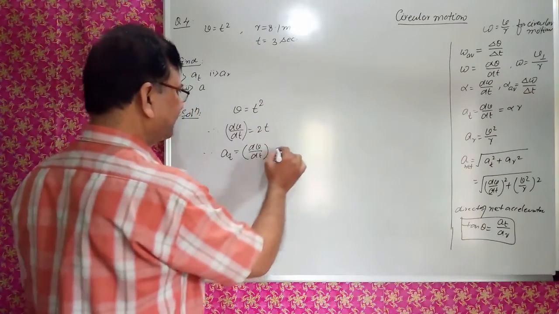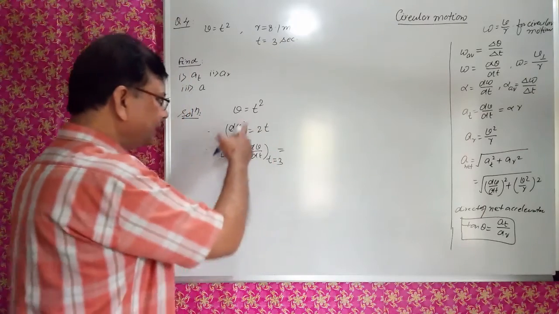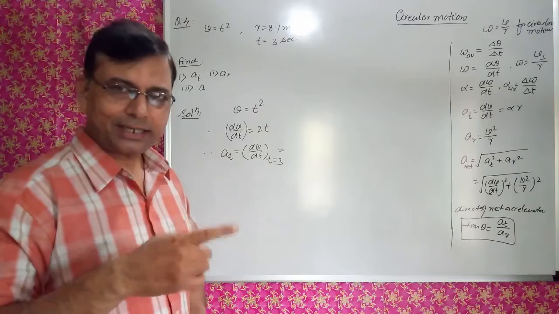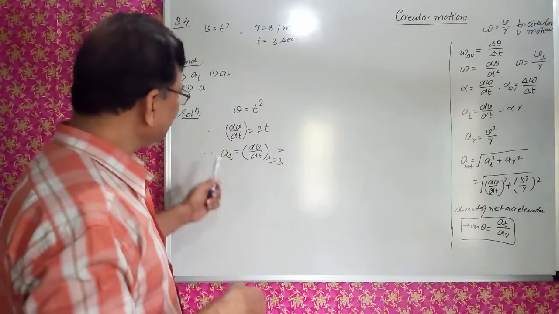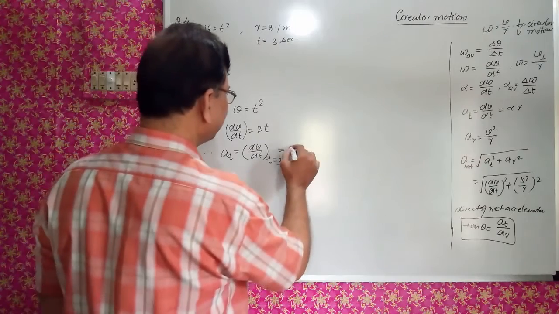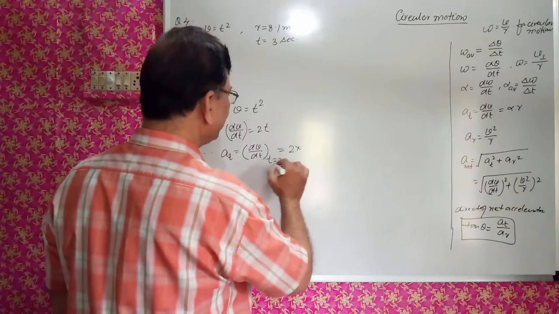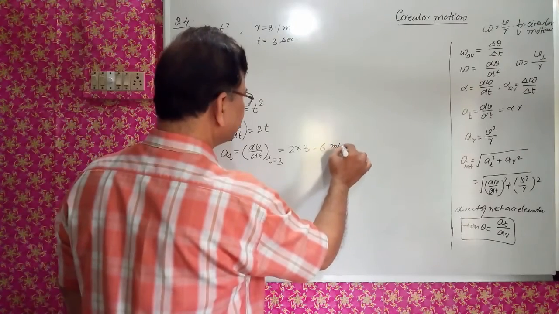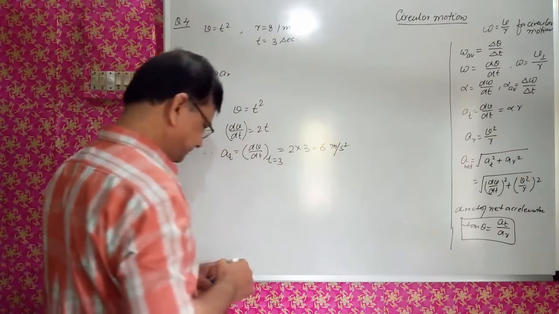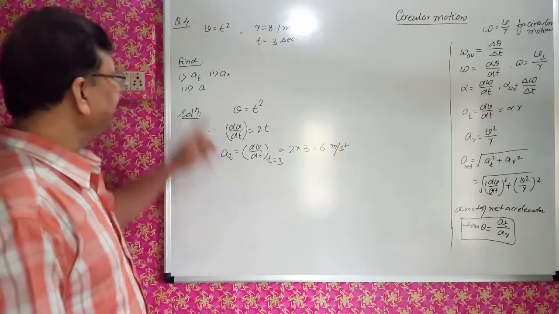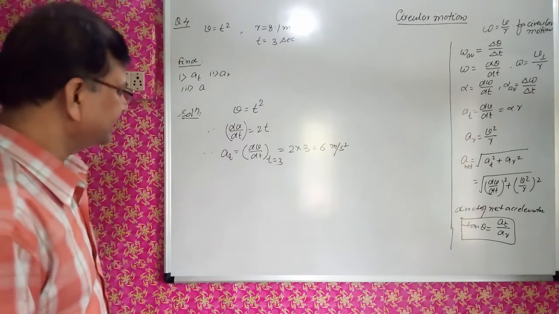This we have to find. Since this is varying, tangential acceleration is varying with time. So at 3 seconds, what is the tangential acceleration? That is 2 into 3, that is 6 meters per second square.